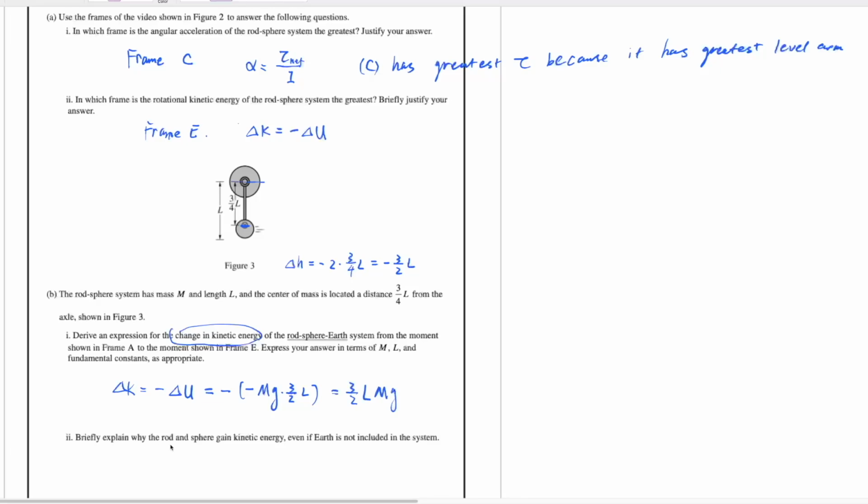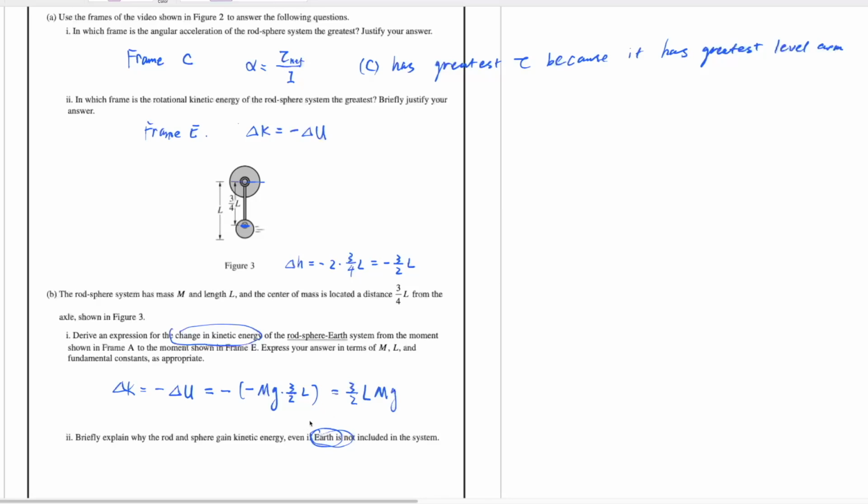Explain why the rod and the sphere gain kinetic energy even if Earth is not included in the system. If Earth is not included in the system, then the gravitational force would be just an external force. If this external force does work, then the kinetic energy of the system will change.